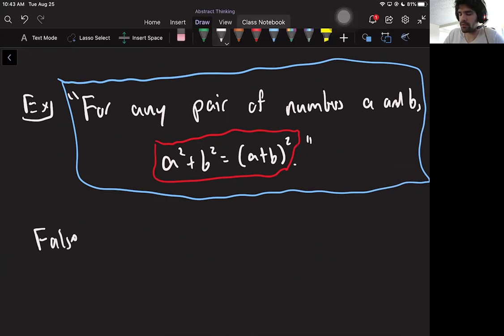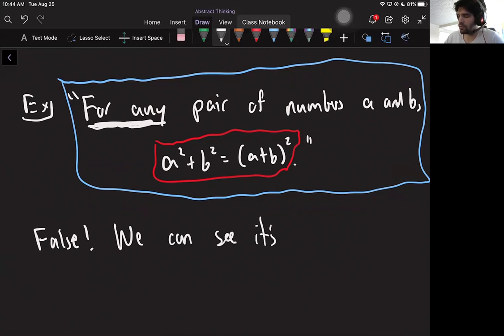So yes, this is false. But the key reason is this phrase for any, because what this is saying is that this equation will always work no matter what two numbers you pick. So why can I show that it's false? Or why can we see it's false?